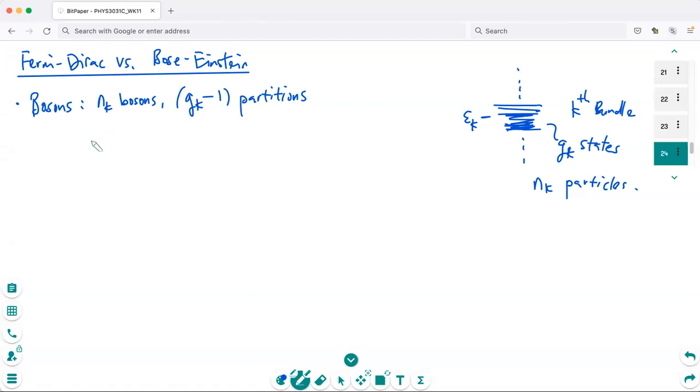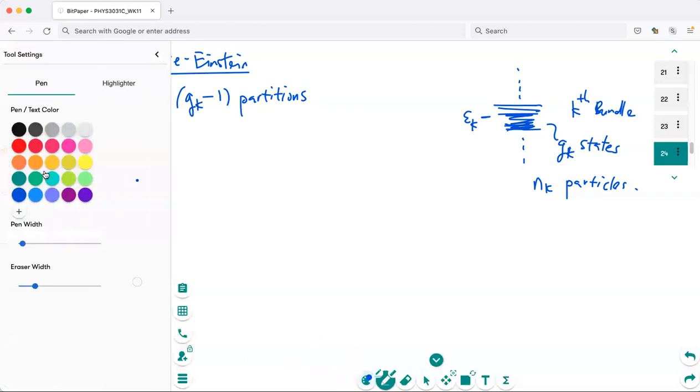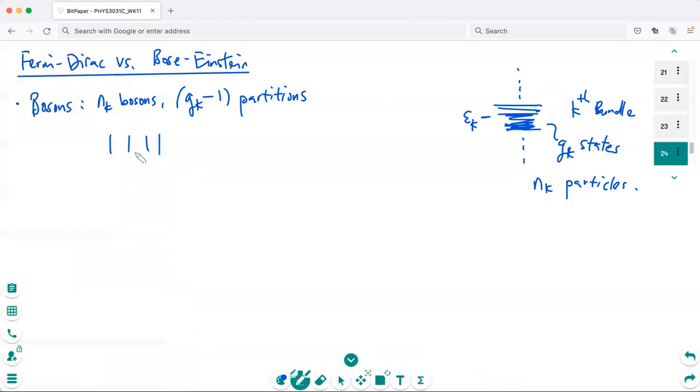Okay, so if I have GK energy states, let's say this is how many? 1, 2, 3, 4, 5. Now 4 partitions is enough for me to uniquely define 5 different boxes. I can use them to describe 5 different energy states. And then I will describe my particles by dots, right?